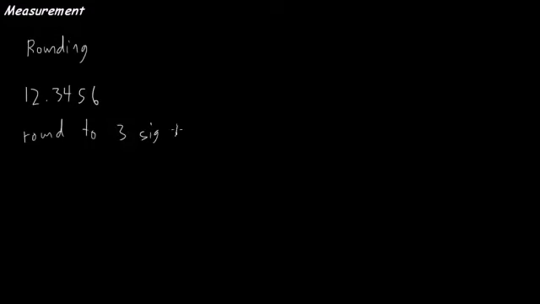Okay, let's talk about rounding. Sometimes you'll get a result or a measurement and you might have a number like 12.3456. And in a homework assignment, I might ask you to round this number to 3 significant figures.